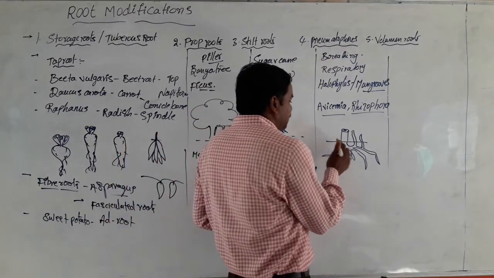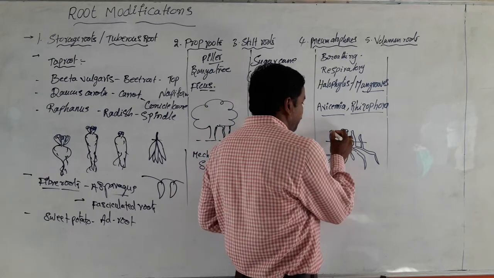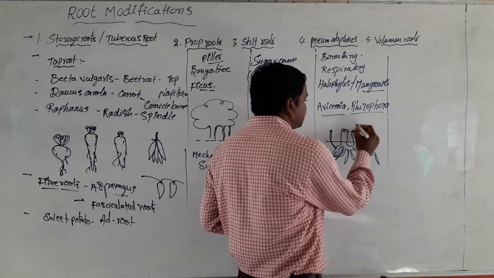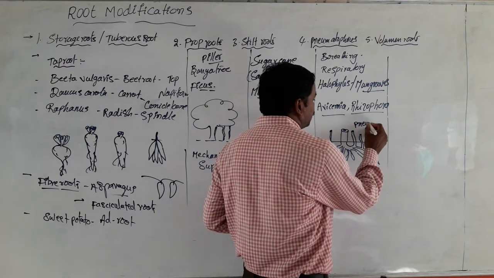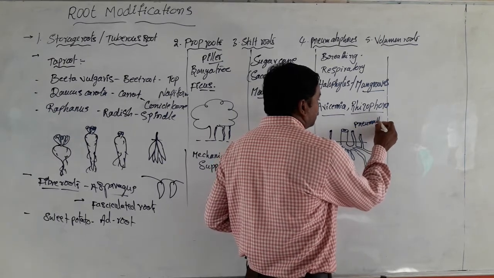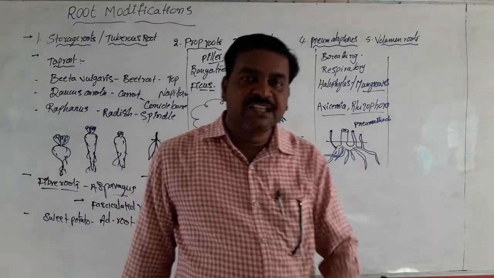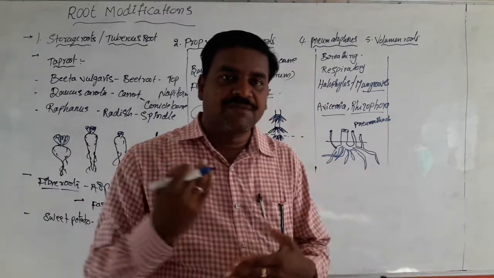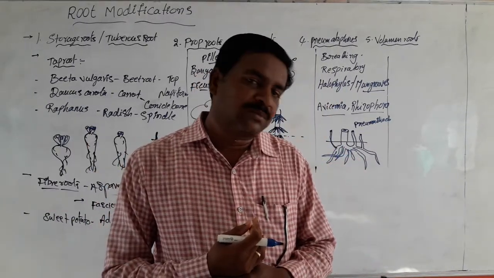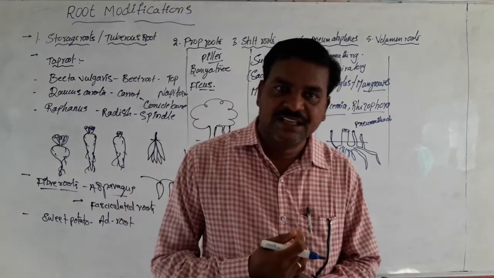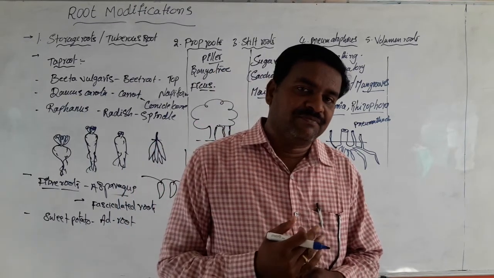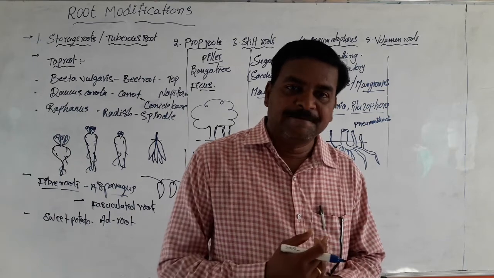Now these also contain very minute pores. These are called pneumatophores. These pneumatophores play a very significant role in the absorption of oxygen from the atmosphere. Thus, they help in breathing, in respiration.